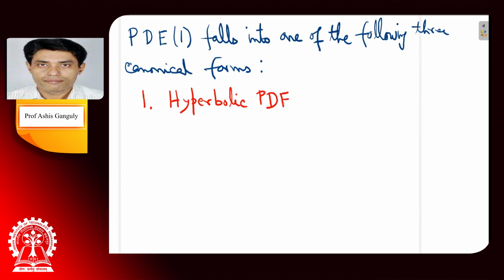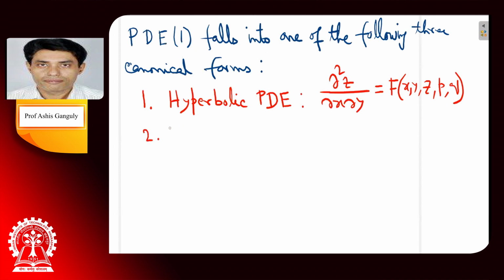This is the name, and its standard form is del square z del x del y equal to some function of variables and the first order derivatives. Next is parabolic PDE.